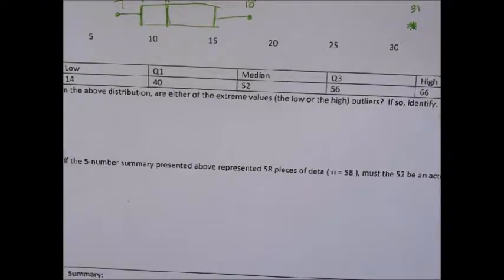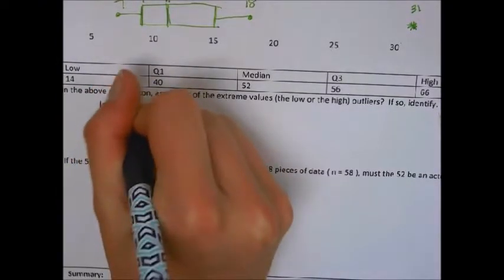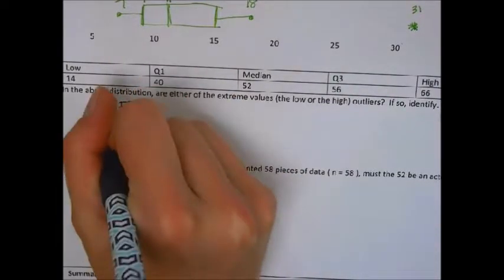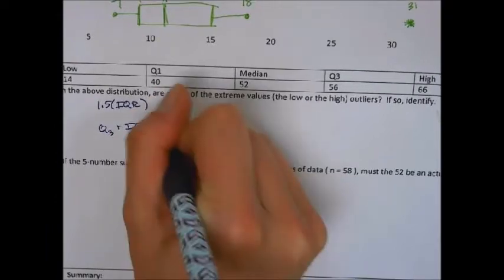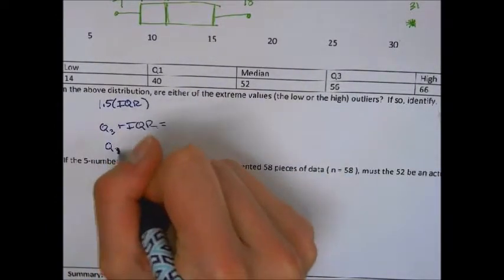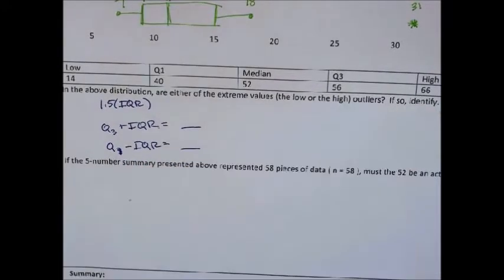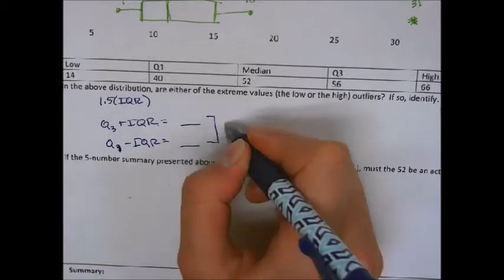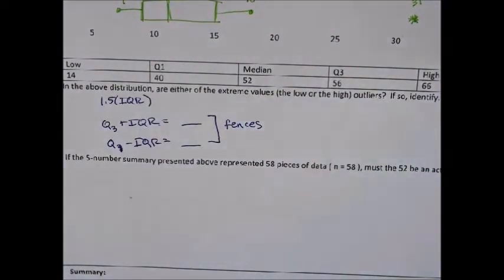And remember to do that, we look at our 1.5 times our IQR, and then do Q3 plus it to find our high boundary or fence, and Q1 minus it to find our low fence. I'll call them fences.